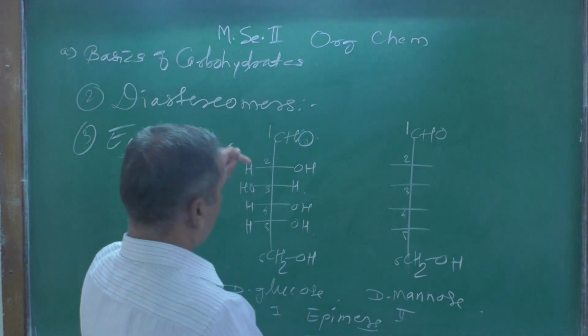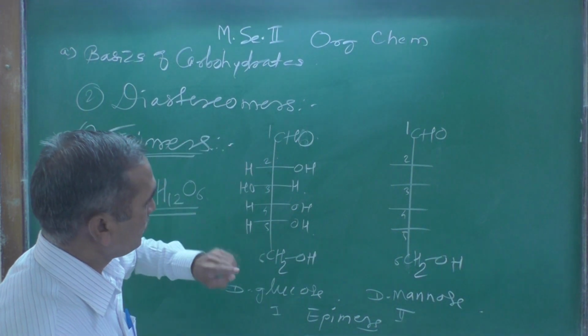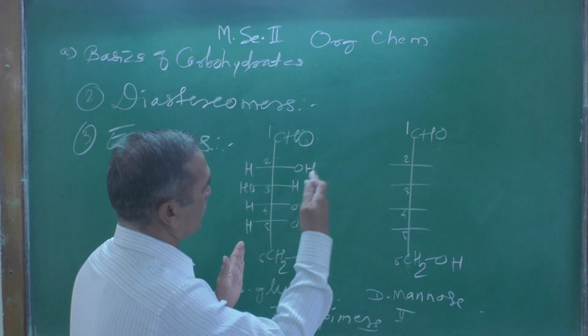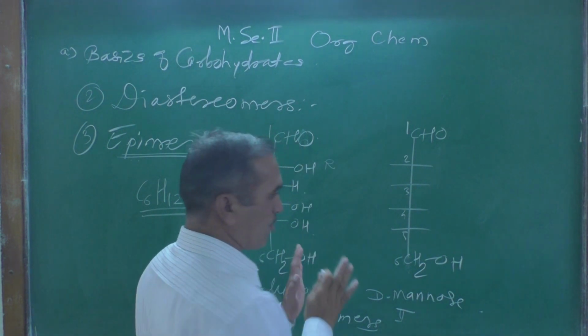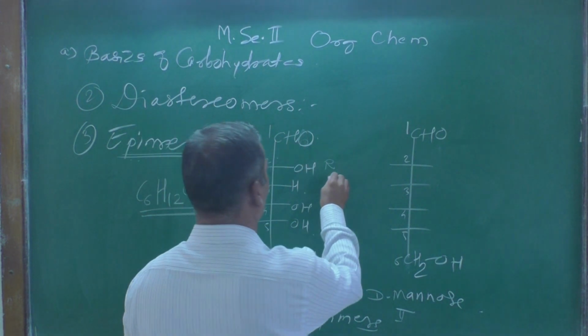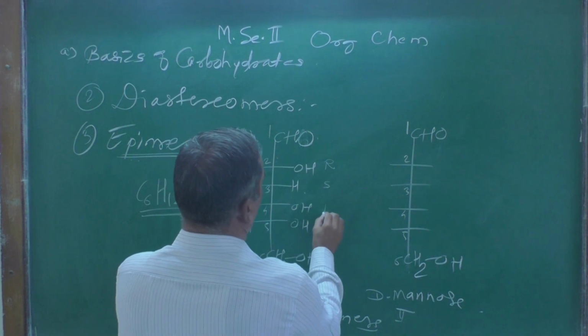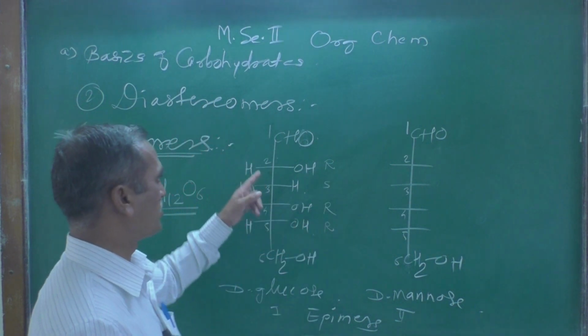As I already told you, in glucose, if the hydroxy groups are on the right-hand side, they have an R configuration. Here on the left it is S, here on the right R, and this one also has R.